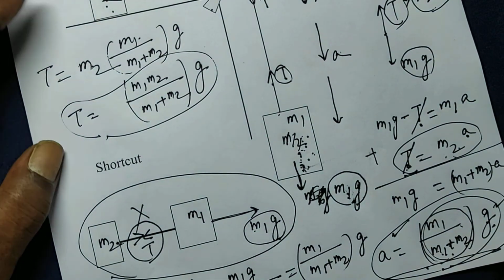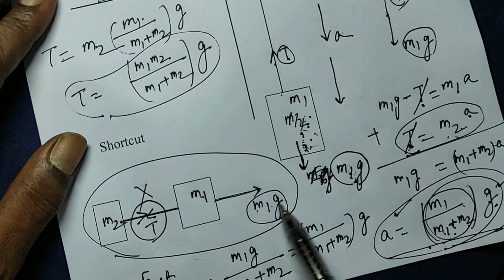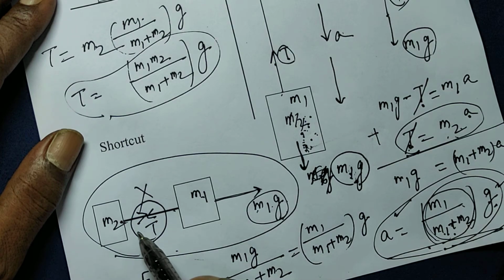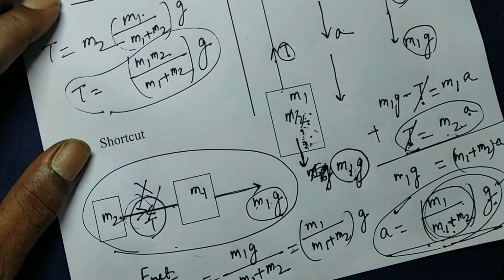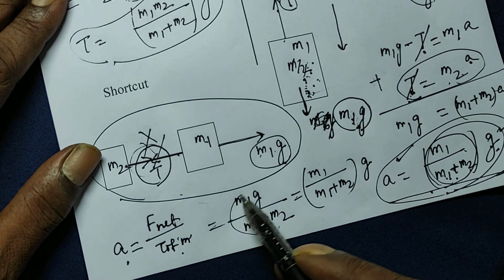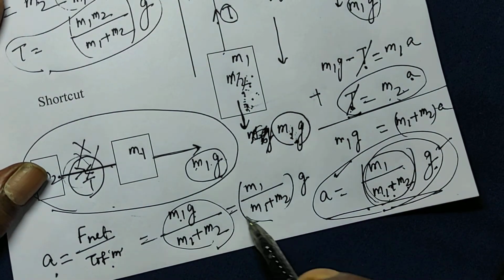So on the system, net force is only m1g on this whole system. The string does not have any mass. Since this is internal, I neglect it. So acceleration is equal to net force over total mass, that is m1g over m1 plus m2. Take g here. This looks beautiful.